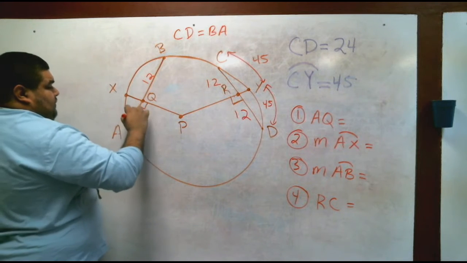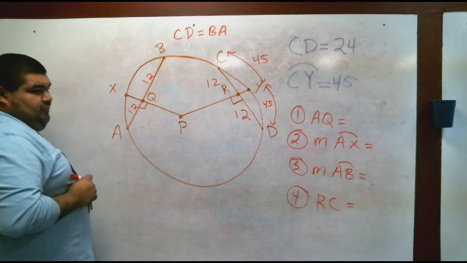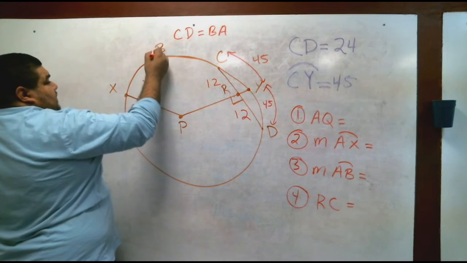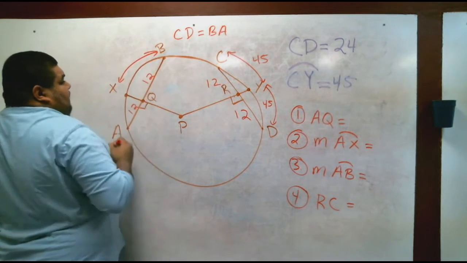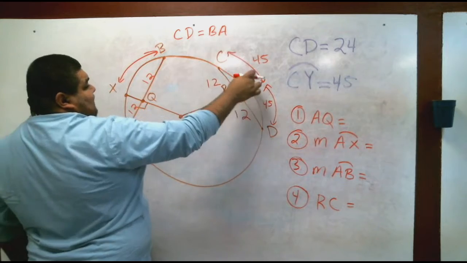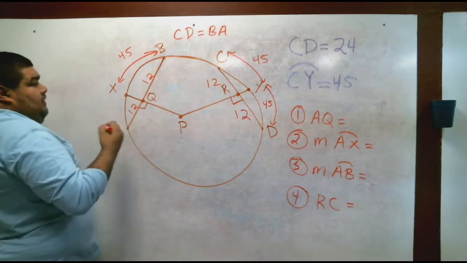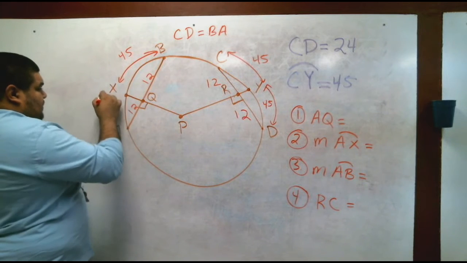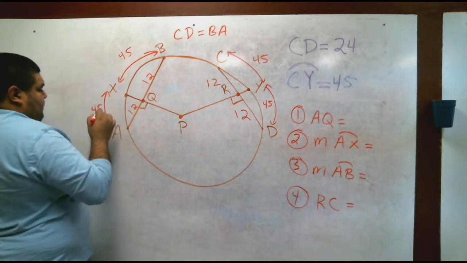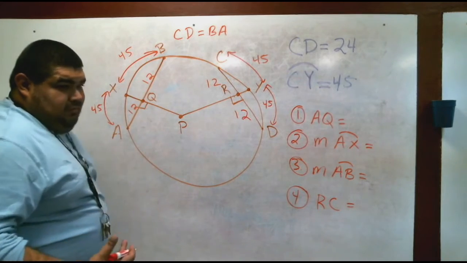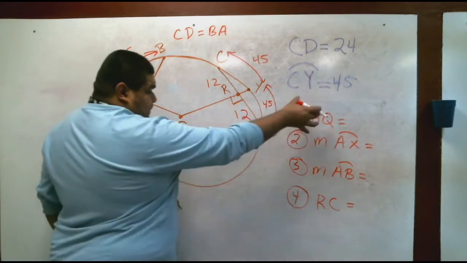Therefore, AQ is also 12. Therefore, the arc BX is congruent to CY. Therefore, it's also 45. Therefore, XA is also 45. Okay? Now that we have all these measurements, we can actually solve all these questions.